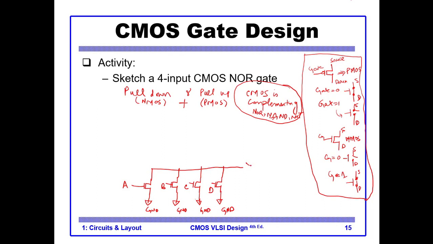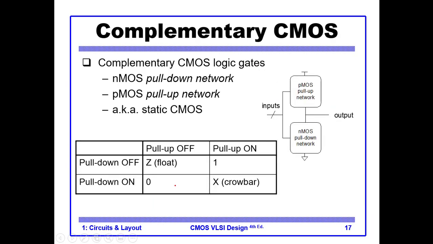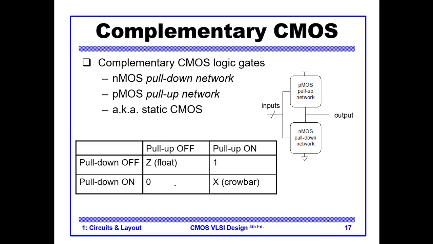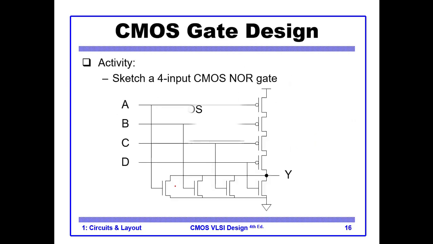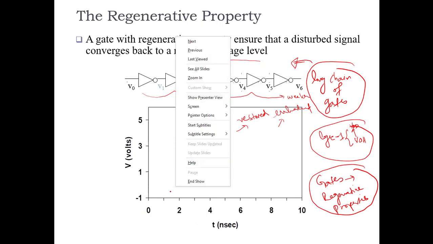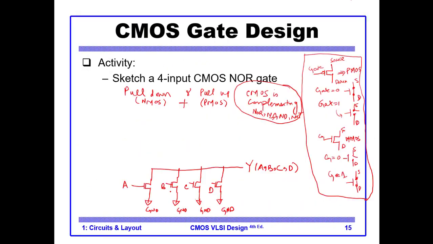So for example, this may be Y, which is a function of A, B, C, D. So this is the pull down network.